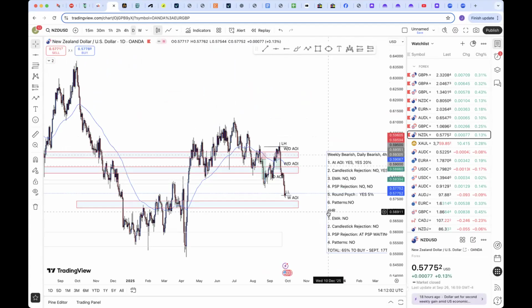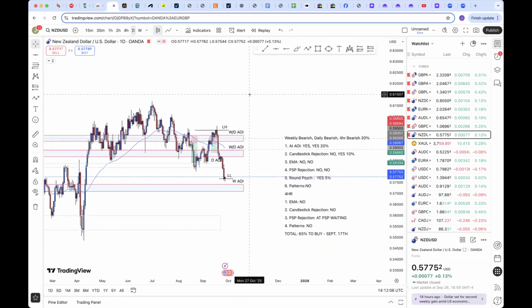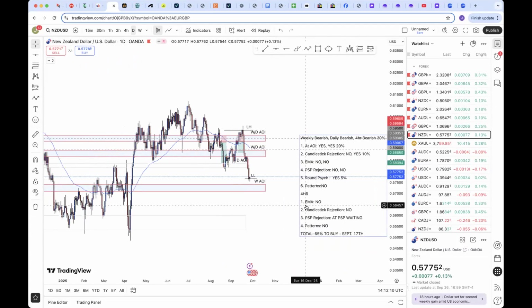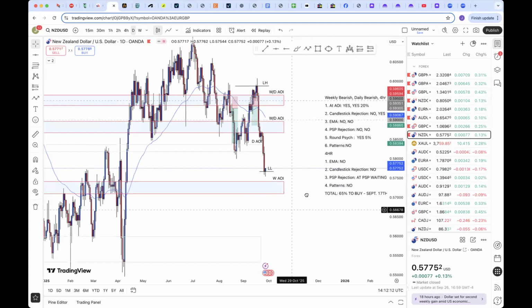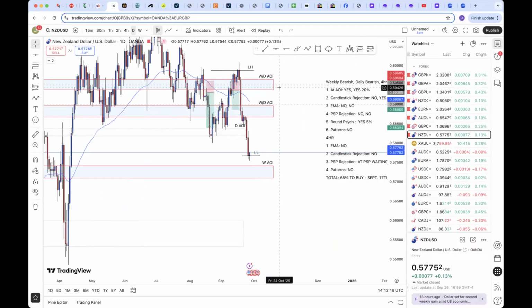And my last one is NZD USD. We are bearish on all time frames. I want to see how it's going to react on Monday or Tuesday to this area to then see if I'm taking this for a buy.